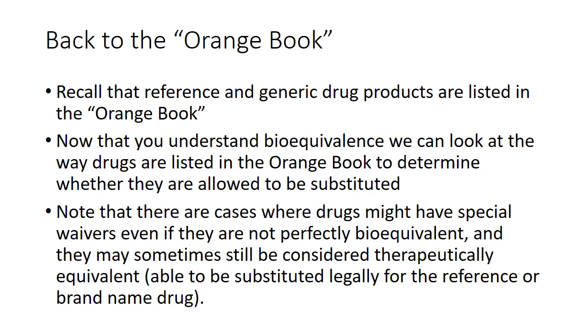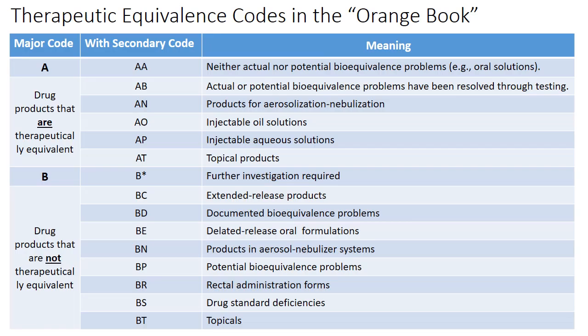Is the FDA going to allow substitution of a generic for a brand name, or one generic for another one, basically? So this table is an example of what you would see in the Orange Book. First of all, I want you to be again, first and foremost, familiar with the major codes.